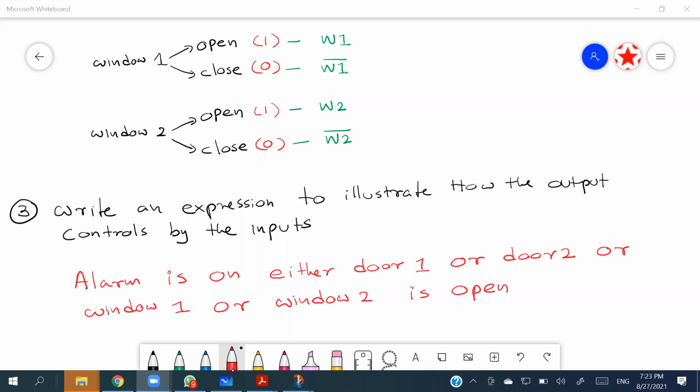Can you recognize how we get that very easily? Using inputs and outputs, we are just writing a short sentence, right? Very easy.